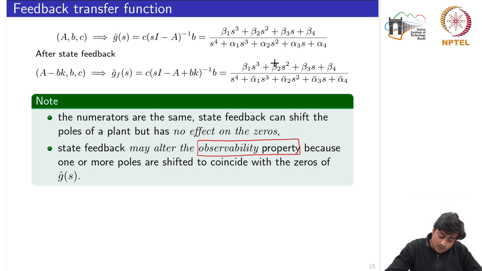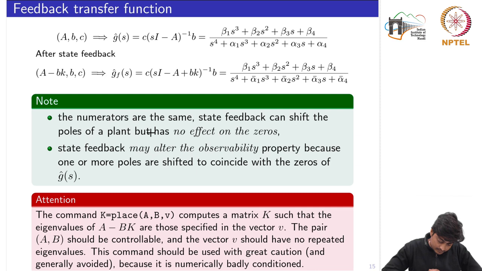In that case those polynomials would cancel out, and whenever that cancellation happens, it means the system has lost its observability. We will see this in more detail, but at this time you can see that one or more poles are shifted to coincide with the zeros of G hat s.